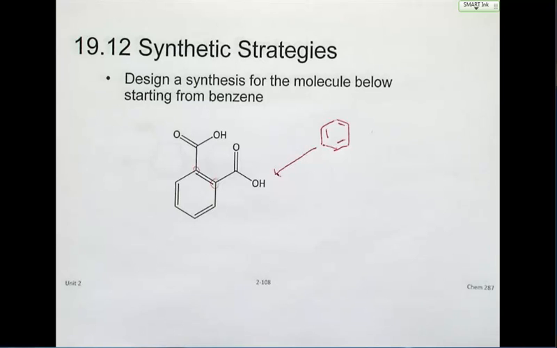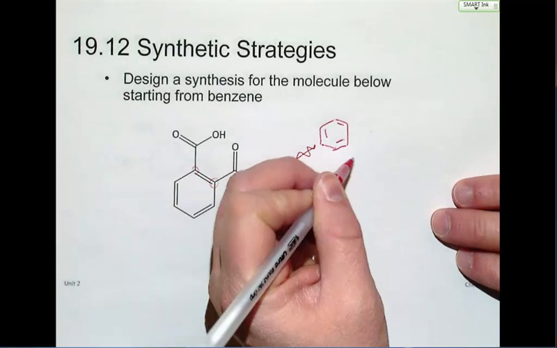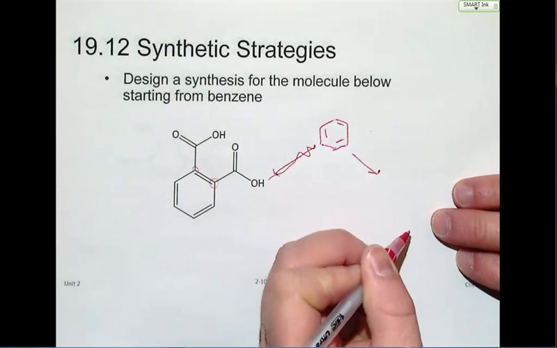So I need to go some other way. I have to attach carbon atoms. Is there any way to attach carboxylic acids directly to a benzene? No, no way of doing that. But we do know how to make carboxylic acids from carbon atoms that are attached to a benzene ring, right?